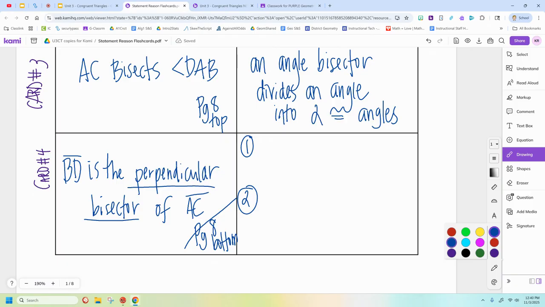The first one is, I'll do the right angles first. A perpendicular bisector forms, now here's our crazy habit, we have to put congruent right angles.